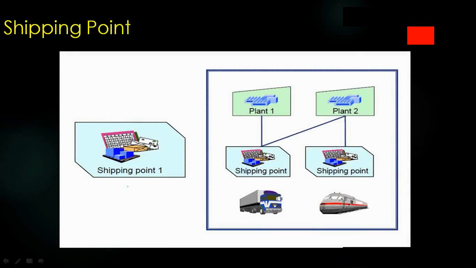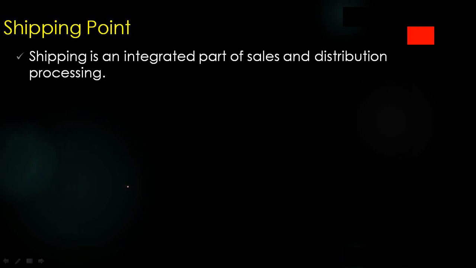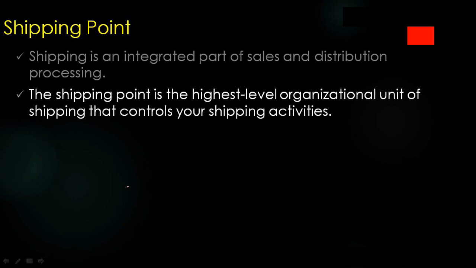Now we'll discuss the shipping point. What is a shipping point? As the name says, it is the place from where the goods are shipped to the customer. Shipping is an integrated part of sales and distribution processing. The shipping point is the highest level organizational unit of shipping that controls your shipping activities.